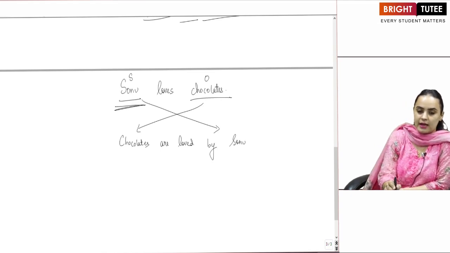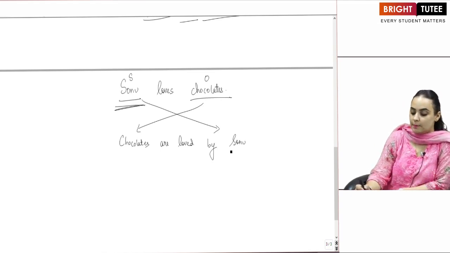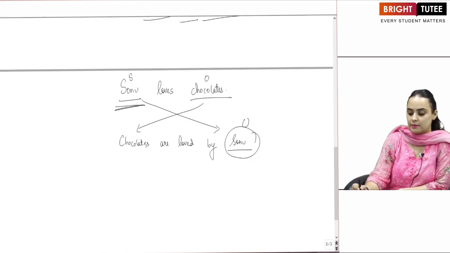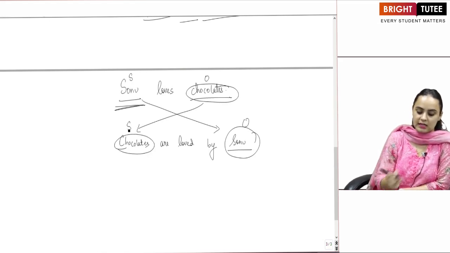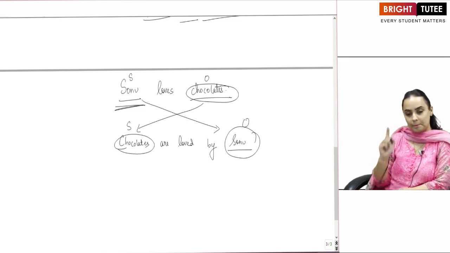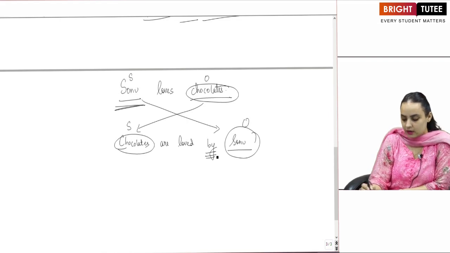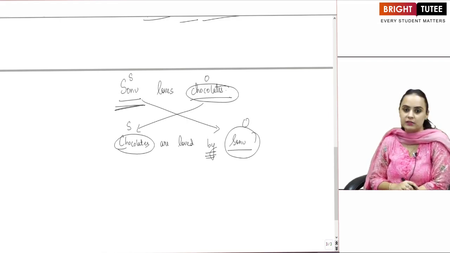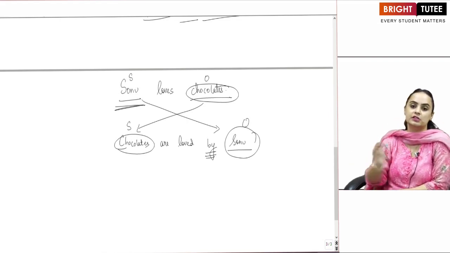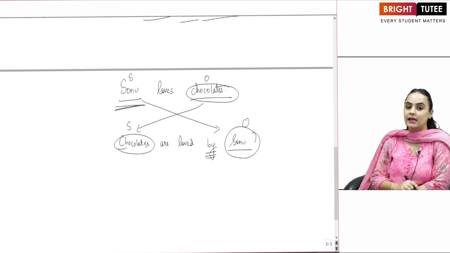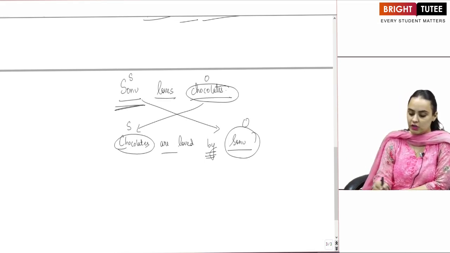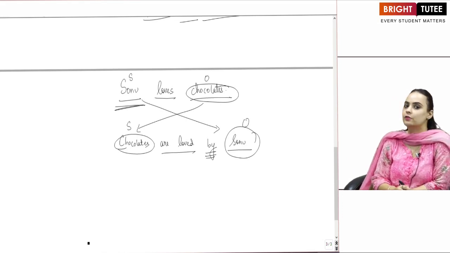That a subject in active voice becomes an object in passive voice, and the object in active voice becomes the subject in passive voice. Besides, we always add by before the object when changing an active sentence to a passive sentence. And like I told you, the verb changes according to the rules, and the rules I am going to teach you very soon.